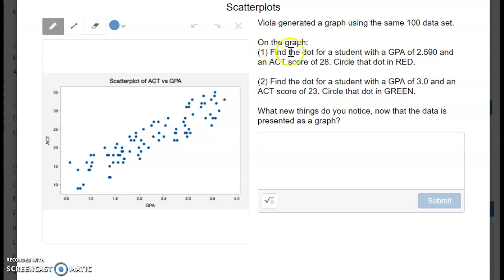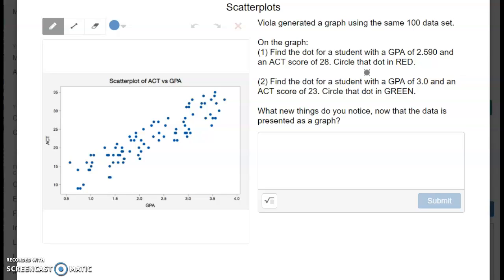Okay, so in here it says find the dot for the student with GPA of 2.590 and ACT score of 28. 2.590 of the GPA. 2.5 is right here. 2.590 will be somewhere around here, so it will be a little bit higher, somewhere along here.